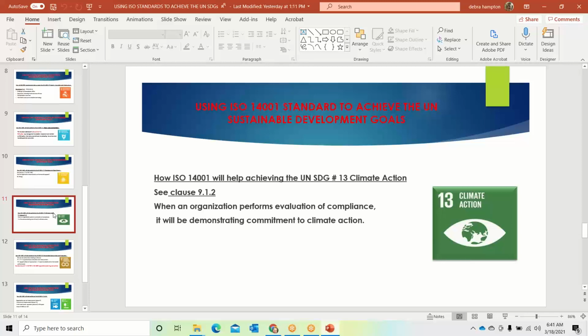So actually, climate action, as per the United Nations, is working towards addressing climate change. What are those activities that will impact the climate?